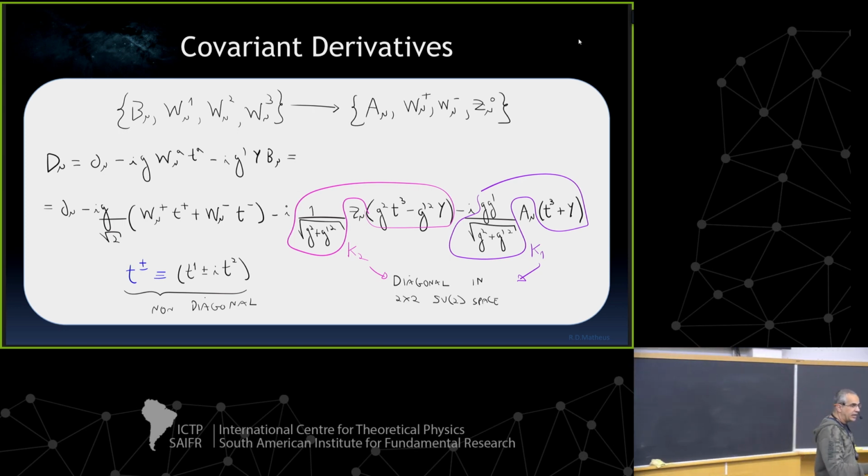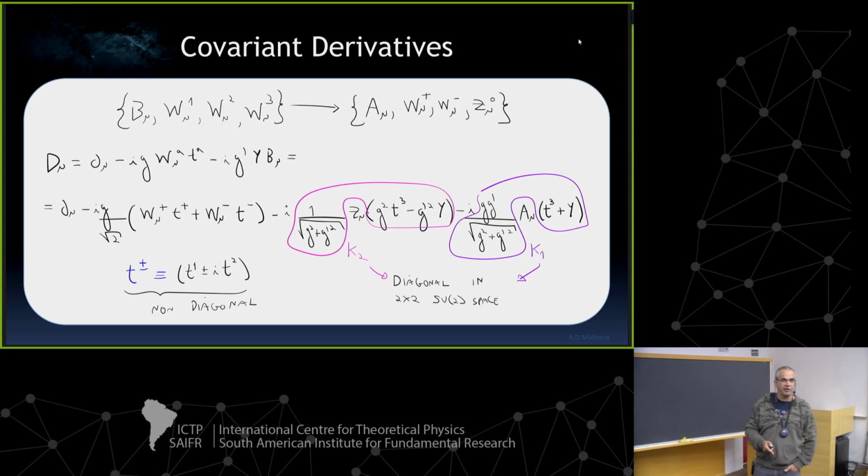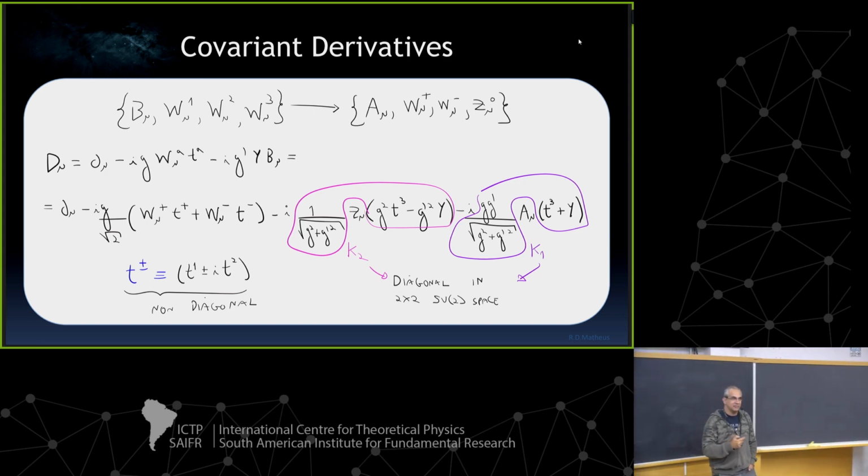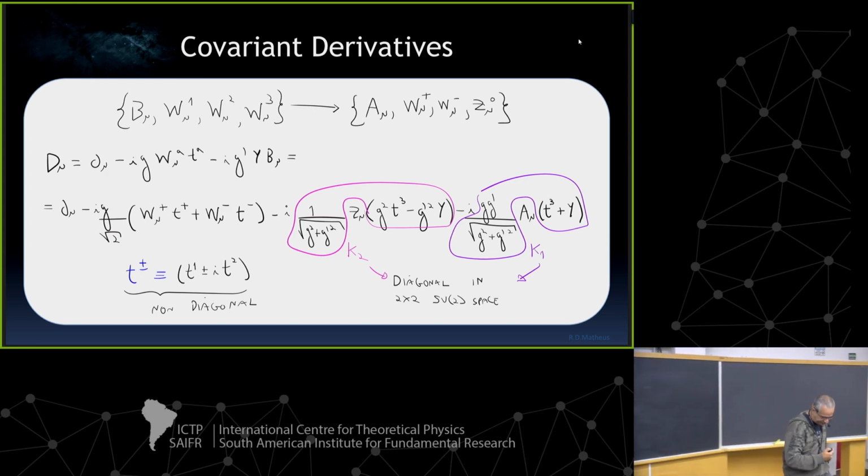So you see, any particle, scalar or fermion, that transforms under SU2 times U1 will get this covariant derivative. That's how it interacts with the W's and the B. It's equivalent to this minimal coupling that you do sometimes in electromagnetism.